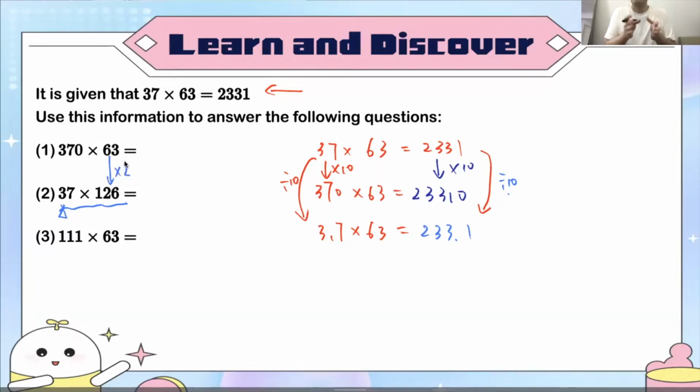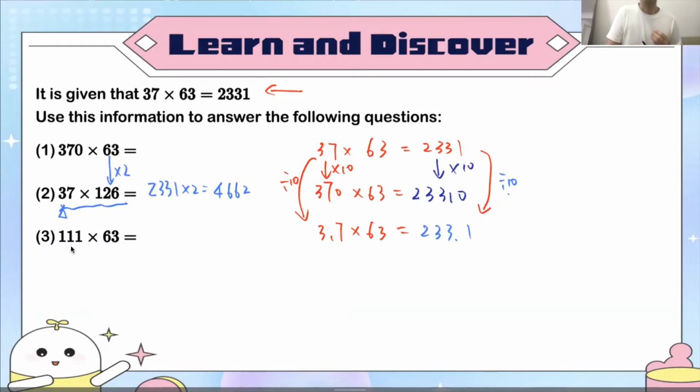So if we times 2 on one multiplier, to find the product we do the same change. 2,331 times 2 is 4,662. So we can quickly find the answer.